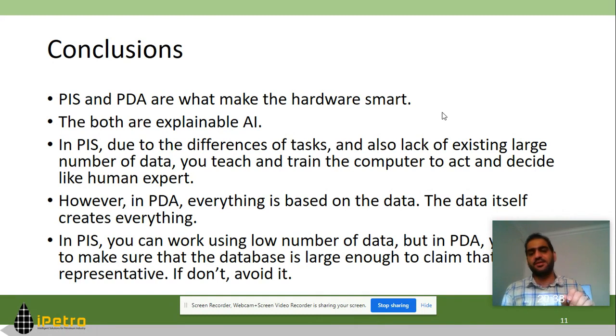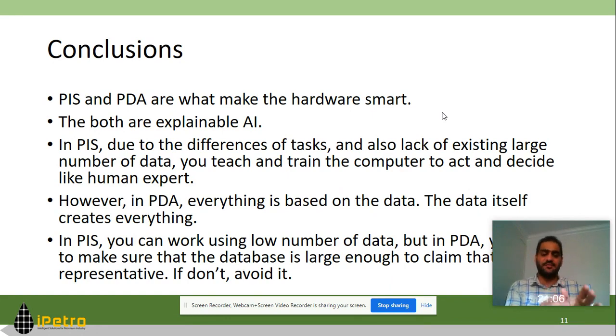But you have to control the amount of uncertainty in your database. In PIS, you can work using a low number of data, but in PDA, you have to make sure that your database is large enough that you can claim it is representative enough of the reservoir under study.